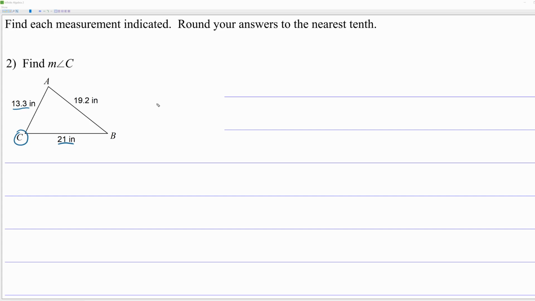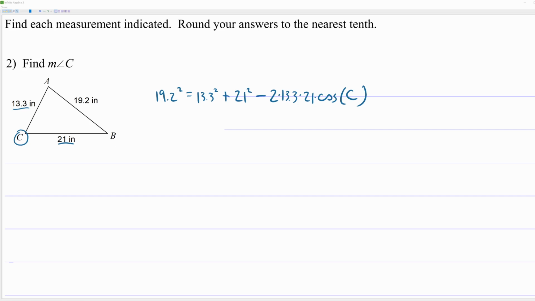So what we're going to have is, well, 19.2 squared equals the adjacent sides, so that's 13.3 squared plus 21 squared minus 2 times 13.3 times 21 times the cosine of the angle that we're talking about, which is angle C.